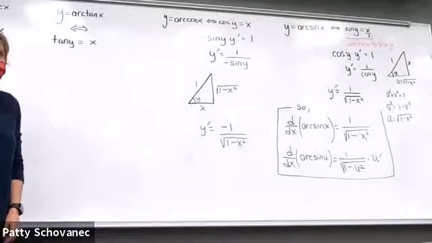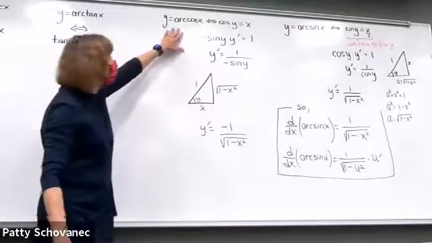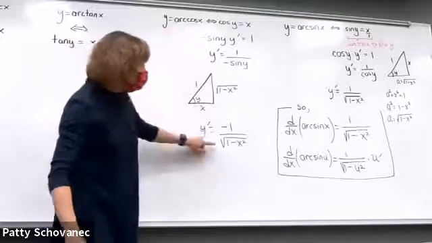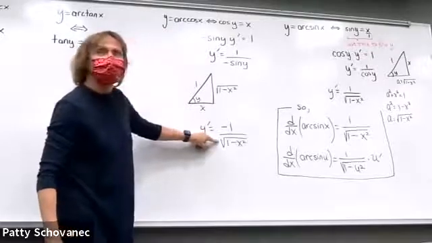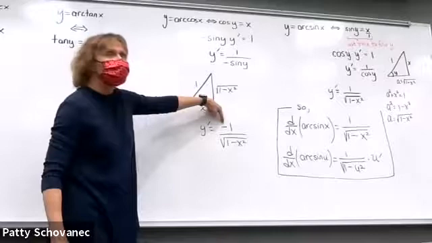And so look what that says. It says that the derivative of the inverse cosine is exactly the same as the derivative of the inverse sine, except negative.